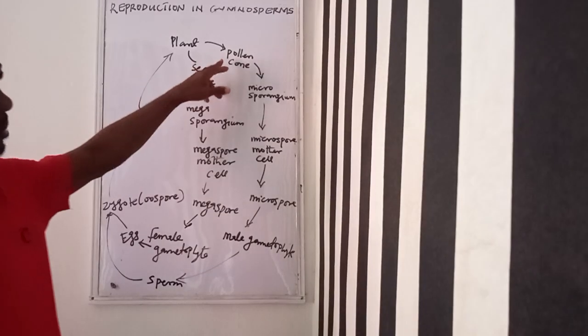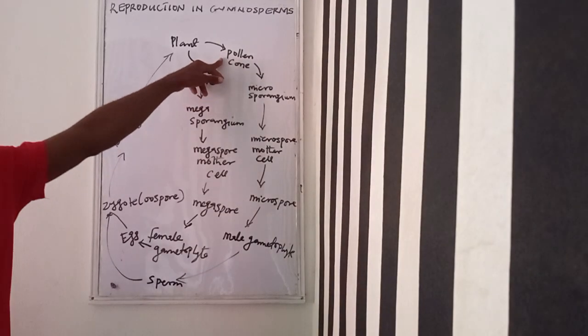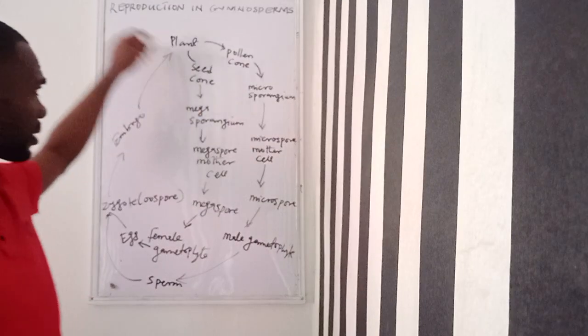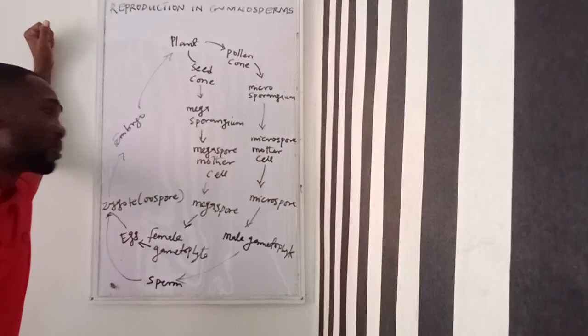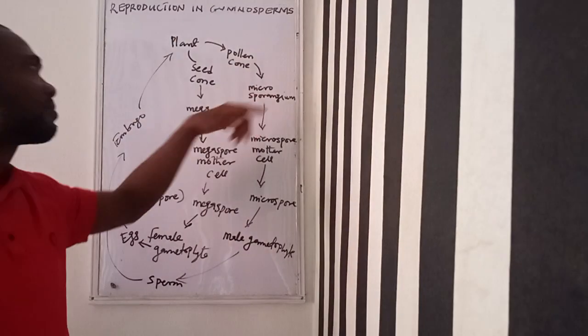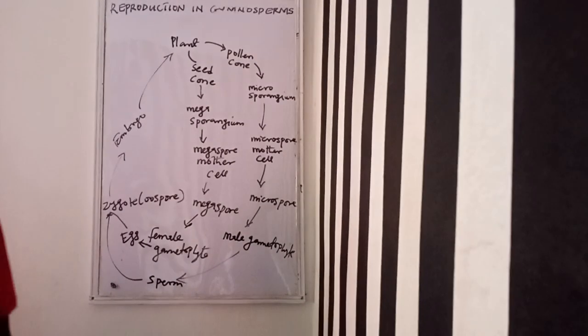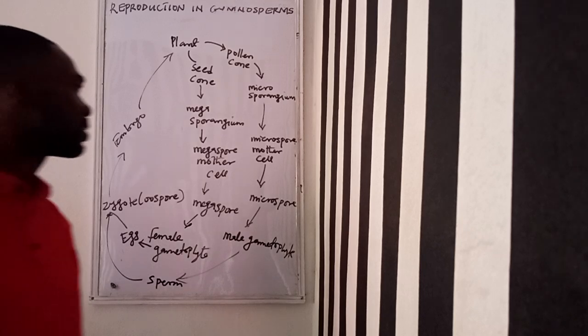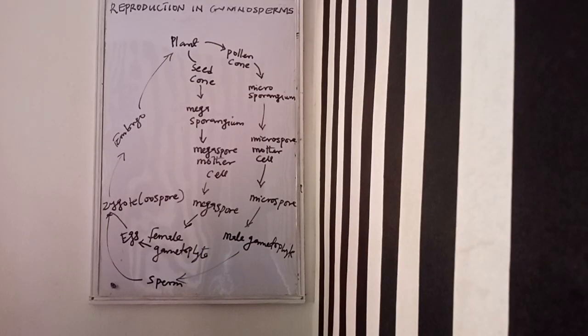The male part of the cone is called the pollen cone. The female part of the cone is called the seed cone. So you have the microsporangium and the megasporangium. The microsporangium is the pollen sac.